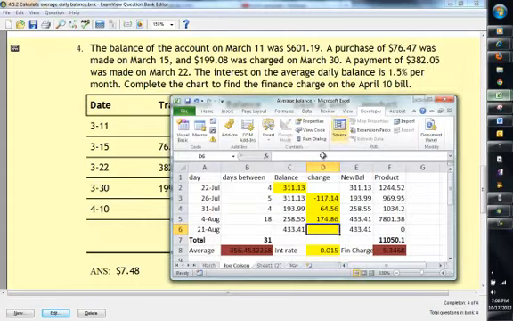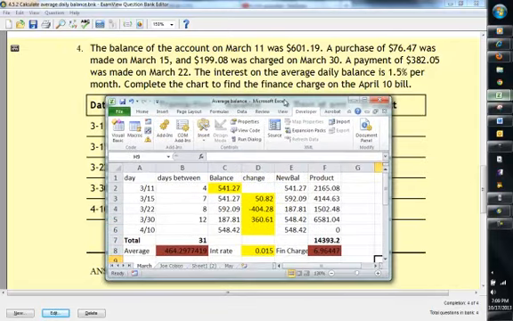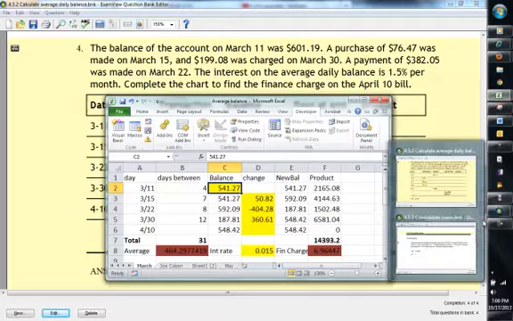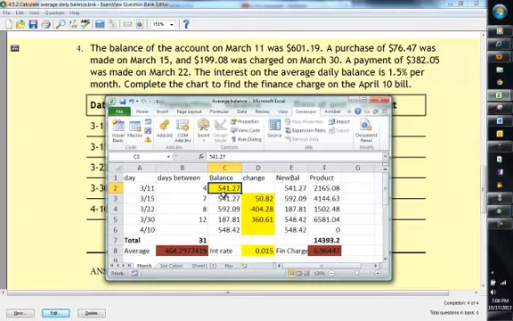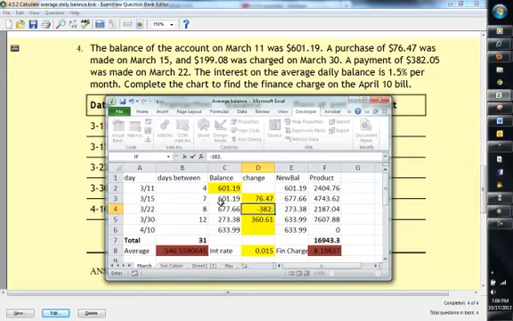Finally, we're dealing with the March charges, and it says that the balance on March 11th was $601.19. There was a purchase on the 15th of $76.47. There was a payment, so minus $382.05.